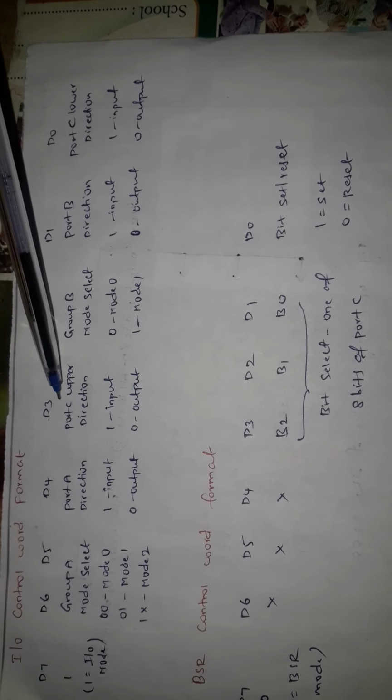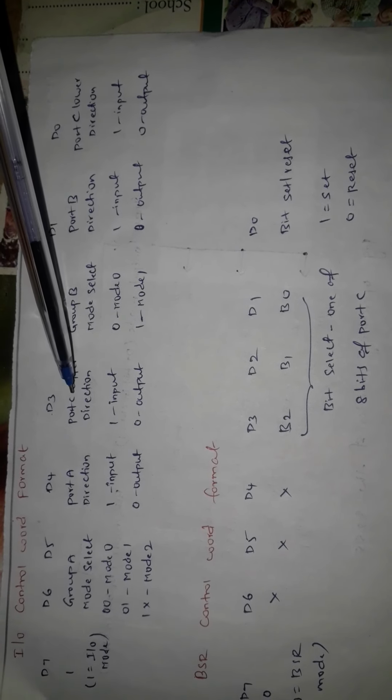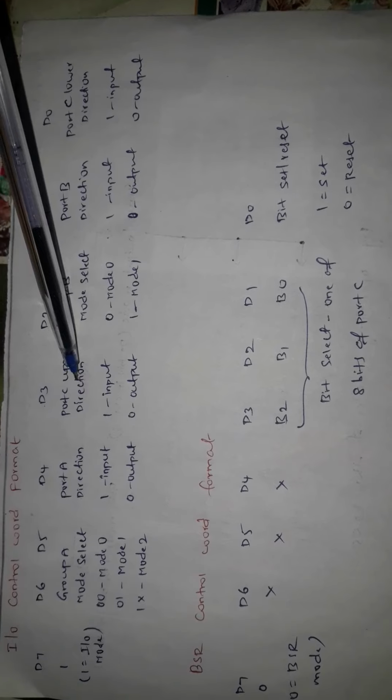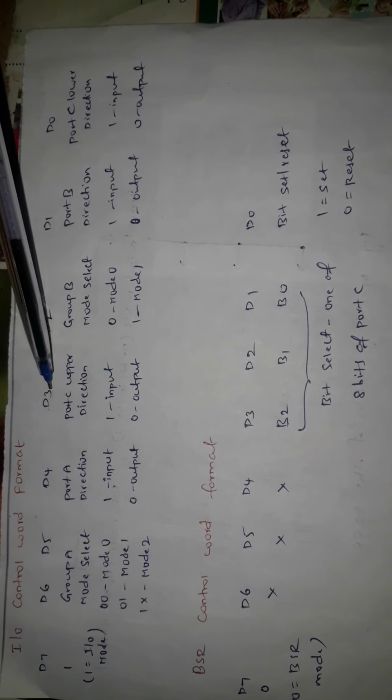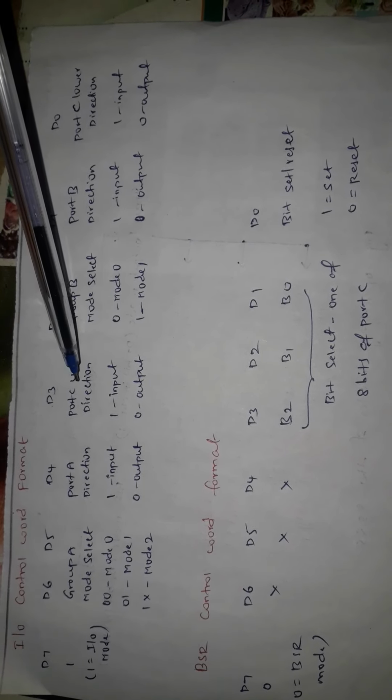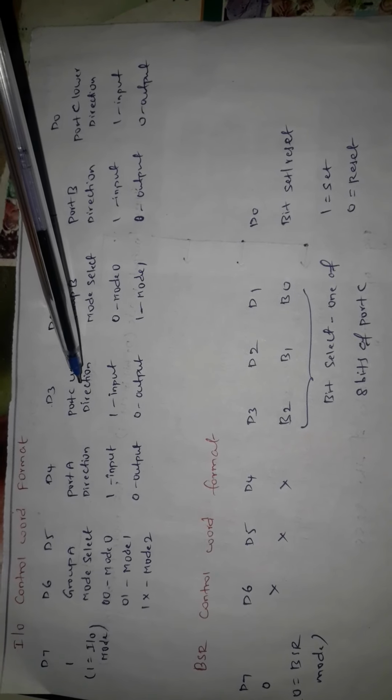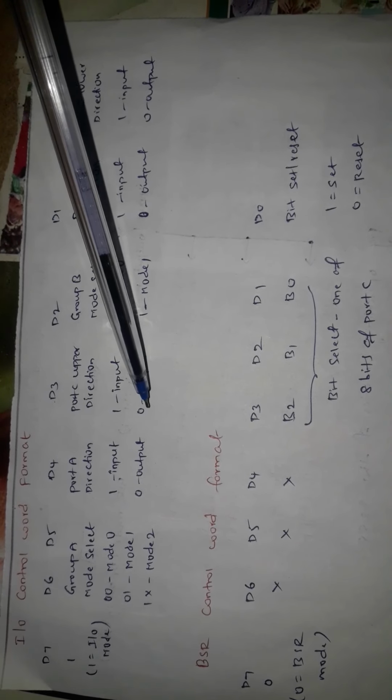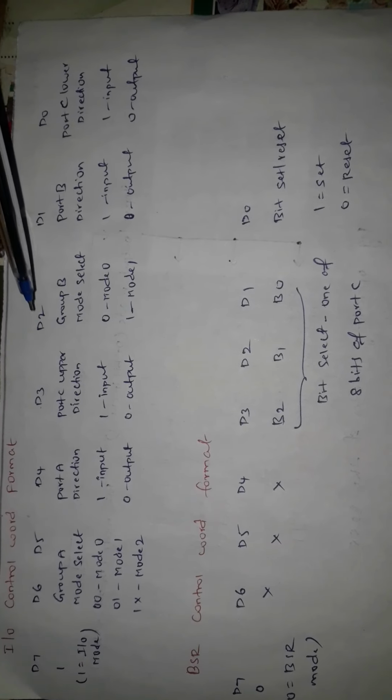Similarly, the D3 bit is used to set the direction for port C upper. If D3 is 1, then the port C upper bits, that is PC7 to PC4, are used as input bits, as an input port. Or else if it is 0, then port C upper acts as an output port.